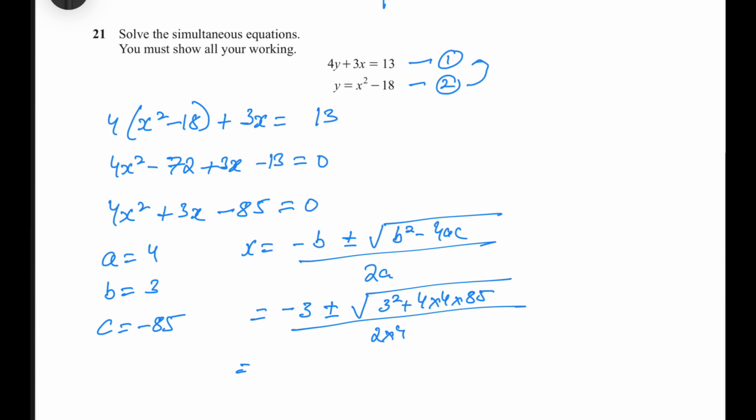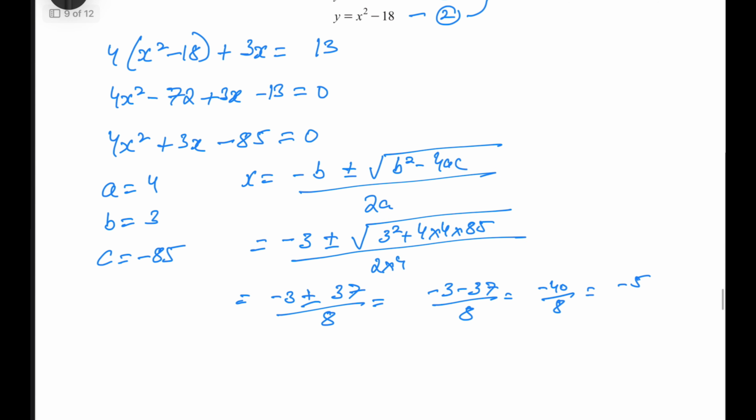So this is minus 3 plus or minus. Let's solve this under root part first. 3 square plus 4 into 85 gives an under root whose answer is 37. So the whole answer is 37 by 8. One of the answers is minus 3 minus 37 by 8, which is minus 40 by 8, which equals minus 5.